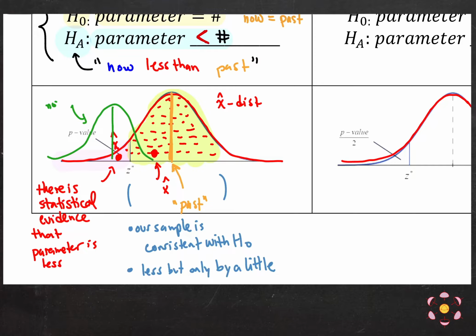This is the bell-shaped curve of the now, which is telling us that the now parameter should be somewhere over here. That's essentially what it means to have our sample come far away from the middle. This is what it means to have statistical evidence that the parameter is less and it really is different.